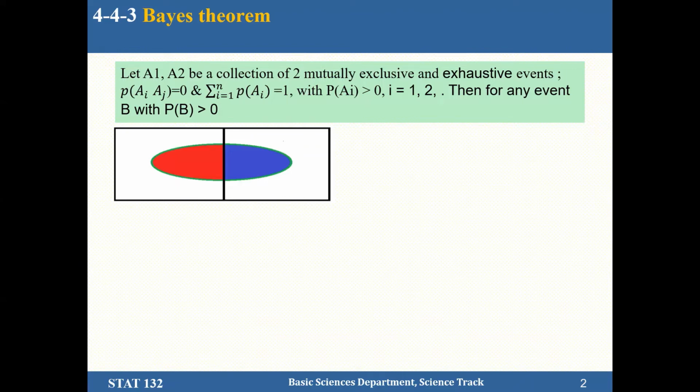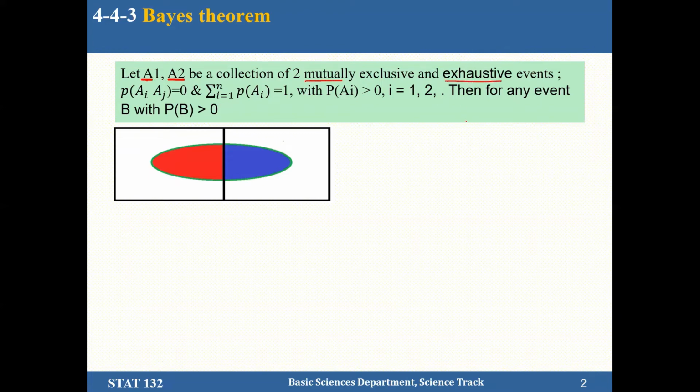So Bayes theorem, we will just talk about the simple form, with just two events, A1 and A2. Actually Bayes theorem consists of n events, not only two, but for convenience we will discuss two events. If we have two events, A1 and A2, these two events should be mutually exclusive and exhaustive.